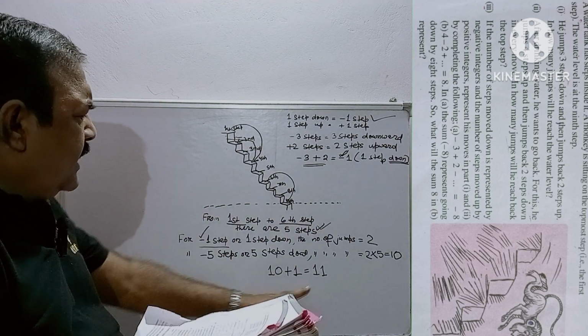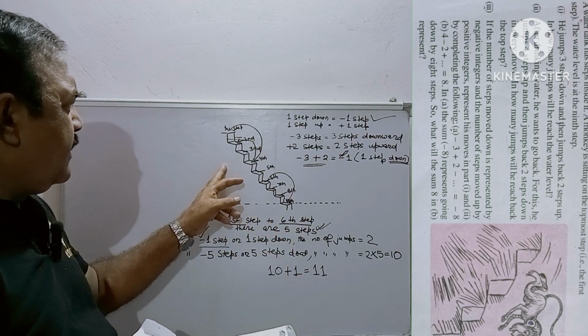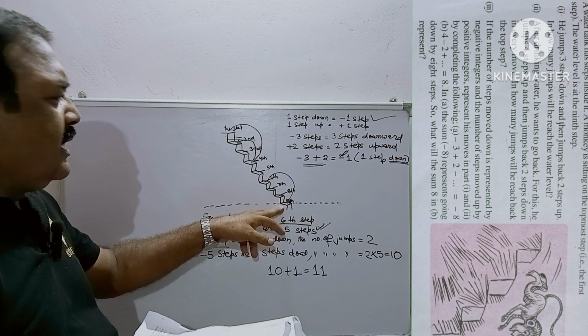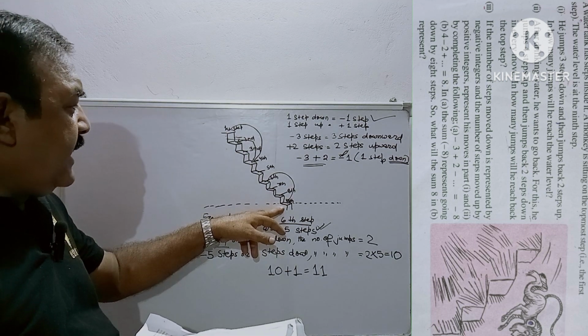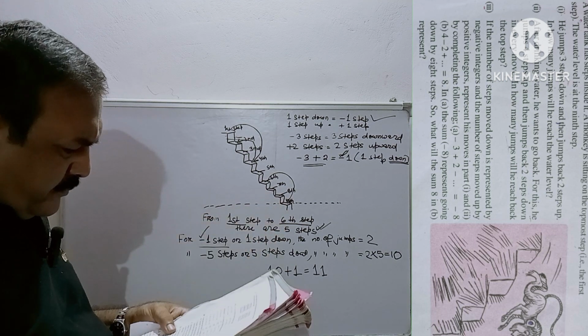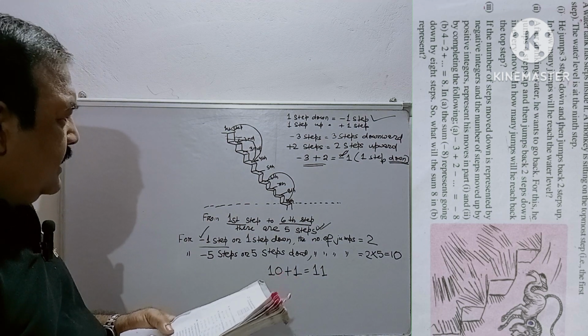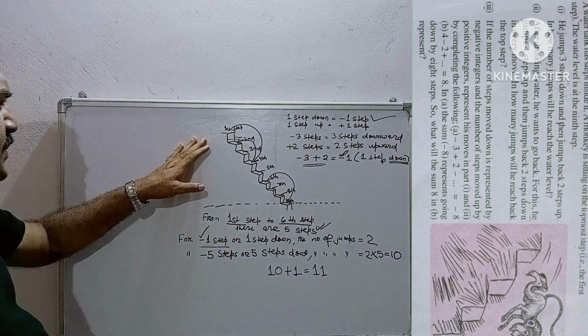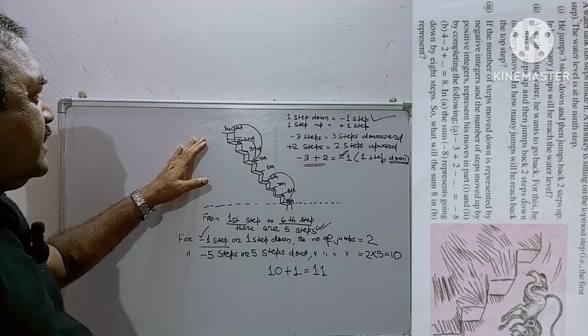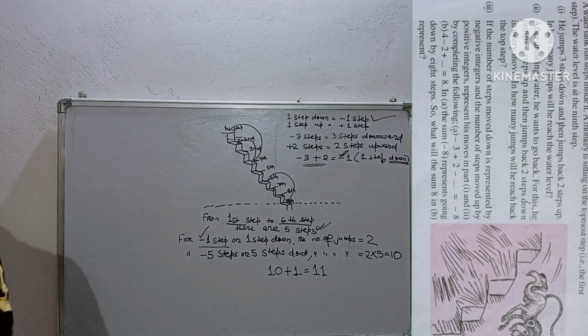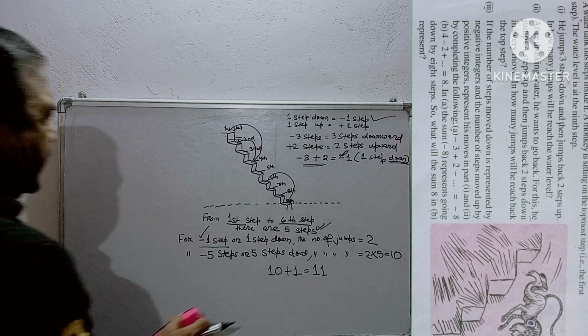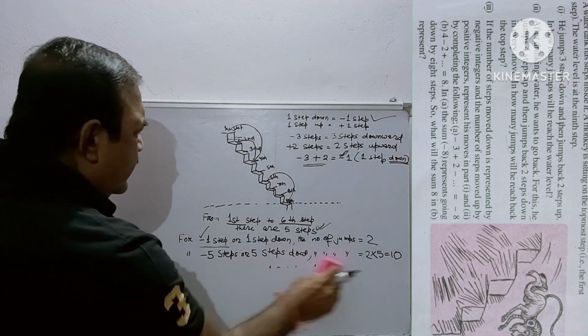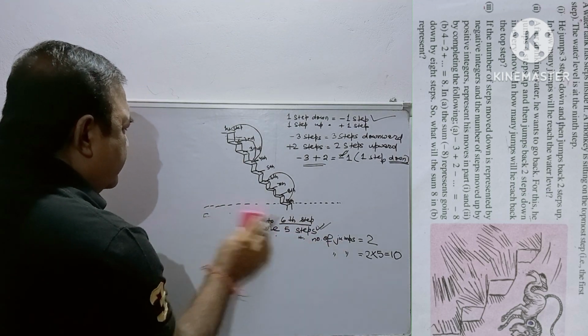So in 11 jumps, the monkey will reach the 9th step. So you must have understood. I now erase it. It is the first question solved. Next.